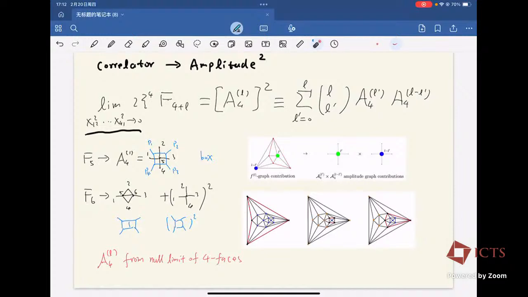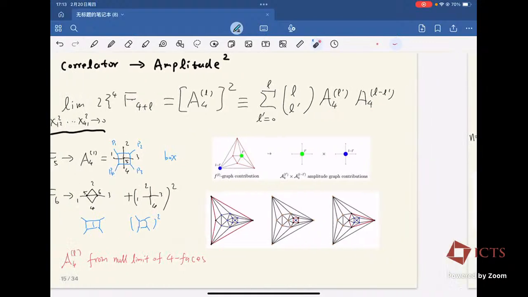So this is how you obtain 1 loop and 2 loop 4-point amplitude. Here it's squared, but they are actually separated. If you take the foregone limit without anything in between, you get exactly this term, not the second term. So all these products can be extracted from different foregone limits.